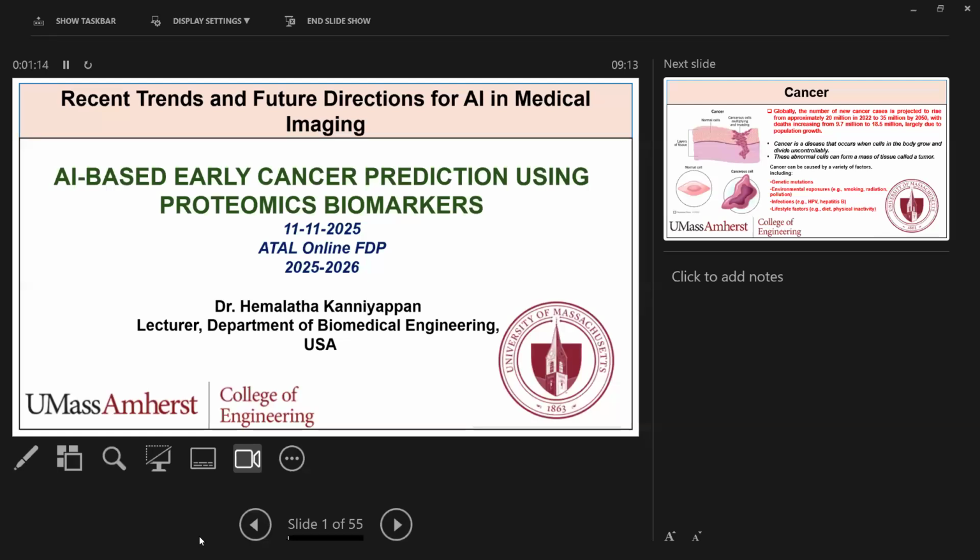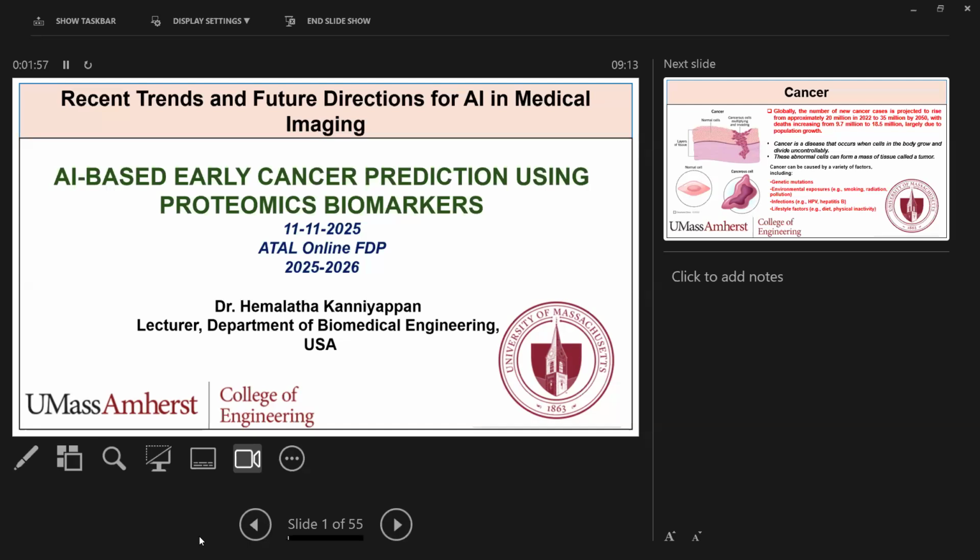The flow of my talk will be like this: first I'll introduce you all to cancer and the limitations of the current diagnostic methods, what the ways to diagnose cancer are and what its symptoms are, where we are falling short in significantly diagnosing cancers, followed by what the efficient methods are to predict cancer at its early stage, mainly to improve patient survival rate, and then followed by the incorporation of machine learning.